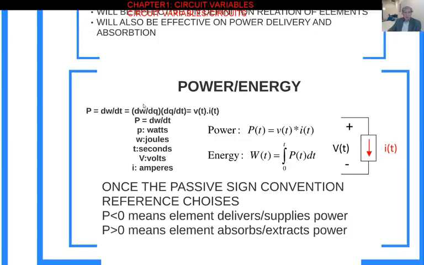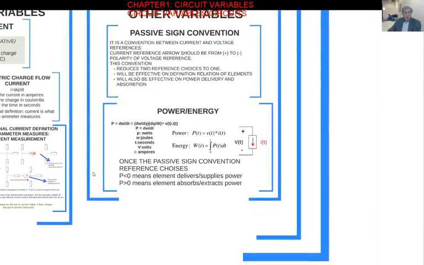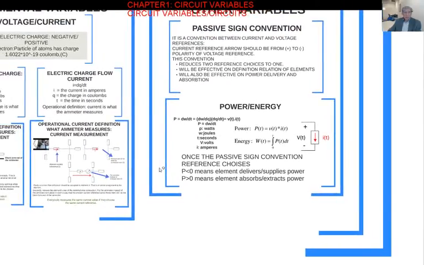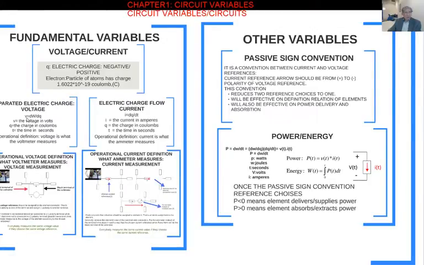The first term in this equation, if you look at the previous one, the voltage, is dw over dq. That's the first element of this multiplication. The next term in this equation is the current, that means dq over dt. So this P becomes the multiplication of v(t) and i(t).